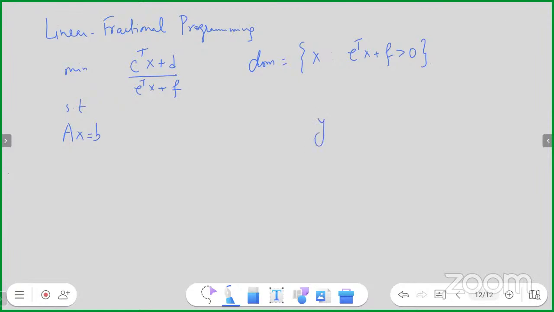Let's call them y and z, little z, and 1 over the denominator, essentially basis vectors, you can think of it. So what's the objective function in this new basis? Minimize c transpose y plus simply d times z.